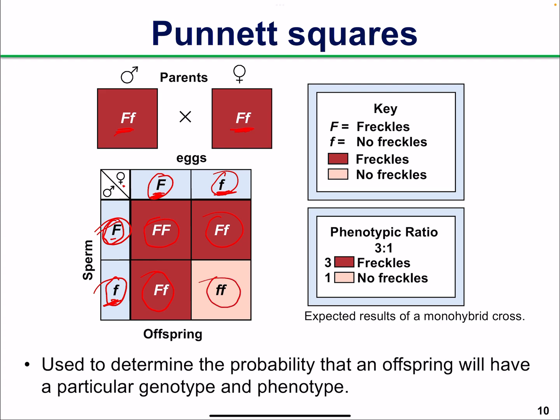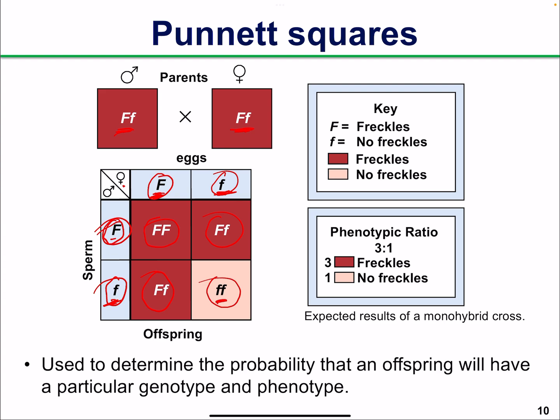Notice that as we are crossing two heterozygous individuals for one feature, only one out of four is going to be homozygous recessive, therefore have no freckles.